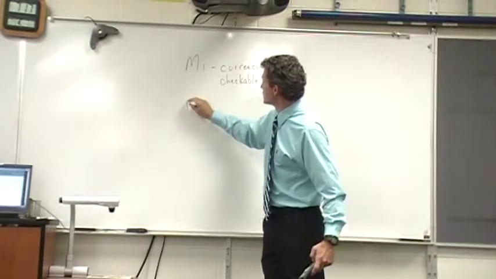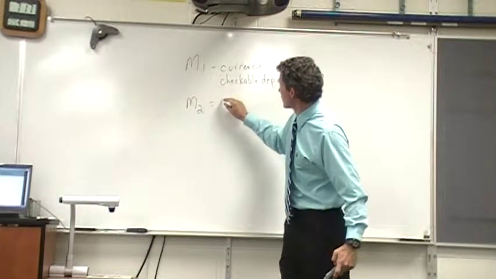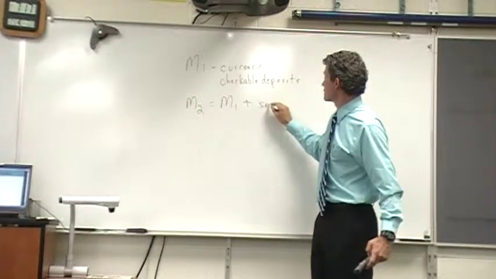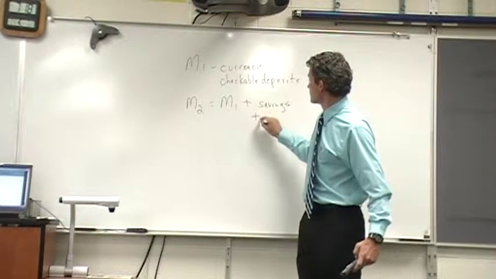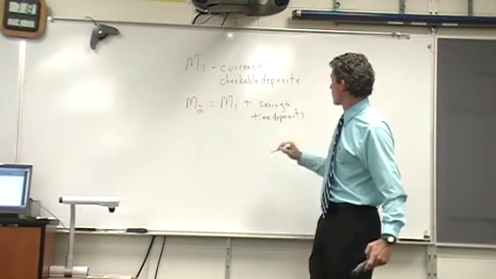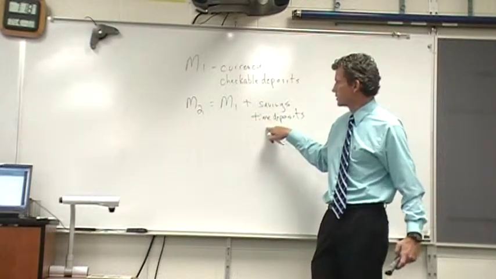M2, which is the next category, is calculated with M1 plus basically savings and time deposits. And it gets a little bit less liquid as we add in those.